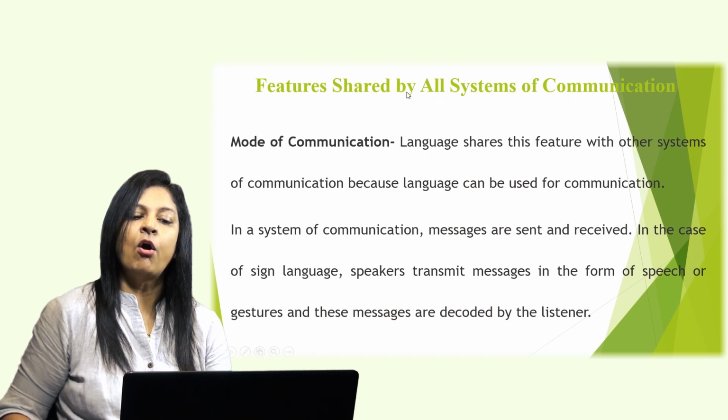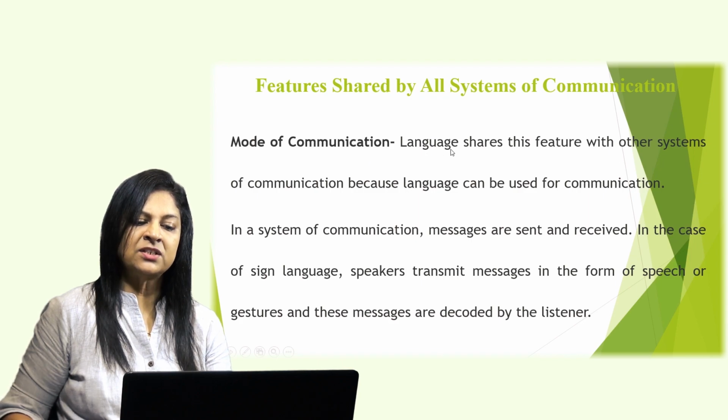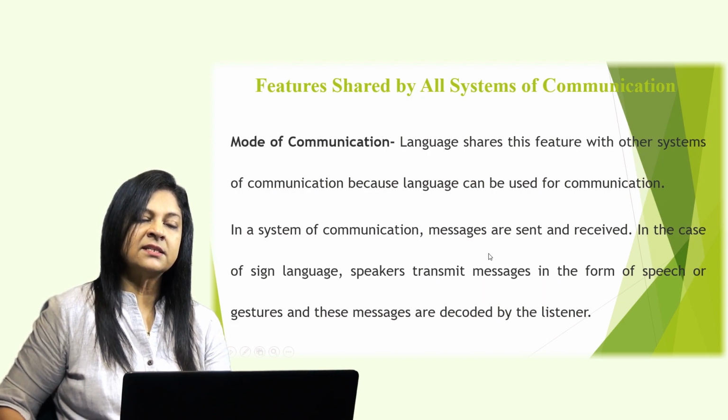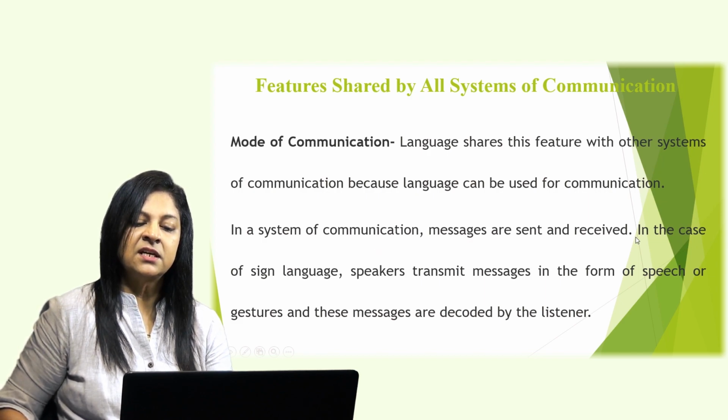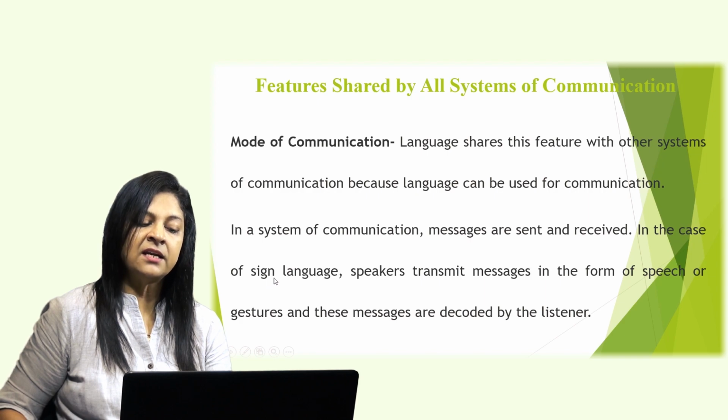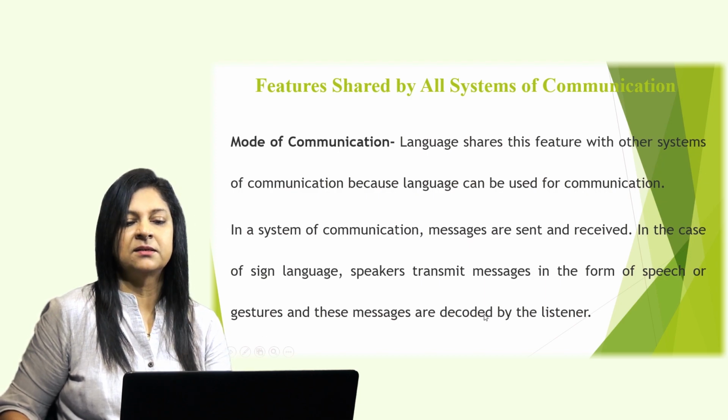Features shared by all systems of communication. Mode of communication. Language shares this feature with other systems of communication because language can be used for communication. In a system of communication, messages are sent and received. In the case of sign language, speakers transmit messages in the form of speech or gestures, and these messages are decoded by the listener.